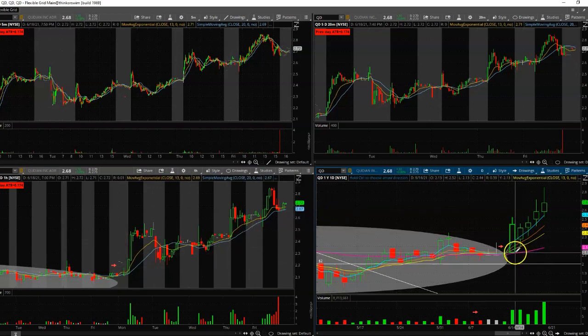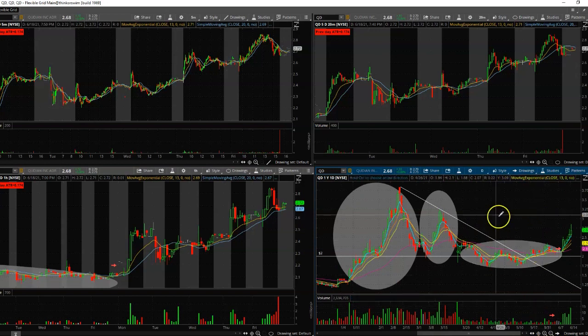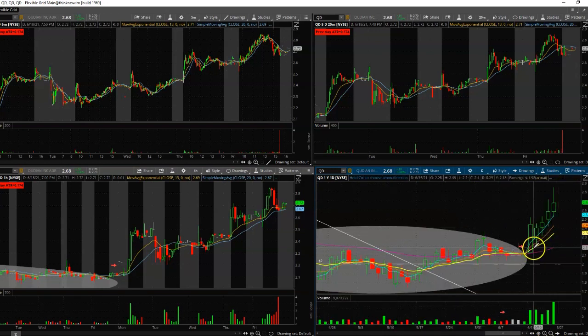We broke out on the daily, right here on the hourly above pre-market highs, and the 20-minute, etc. So everything is now starting to show: we have increased volume, we're coming out of a macro downtrend, a long-term flag, and we're reclaiming that 13 EMA with authority and volume on this day.